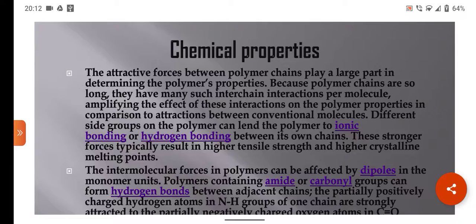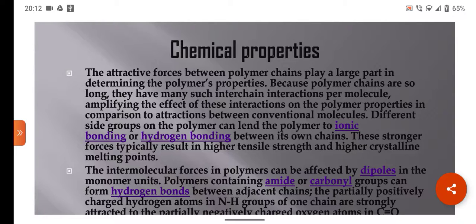The intermolecular forces in polymers can be affected by dipoles in the monomer units. Polymers containing amide and carbonyl groups can form hydrogen bonds between adjacent chains.